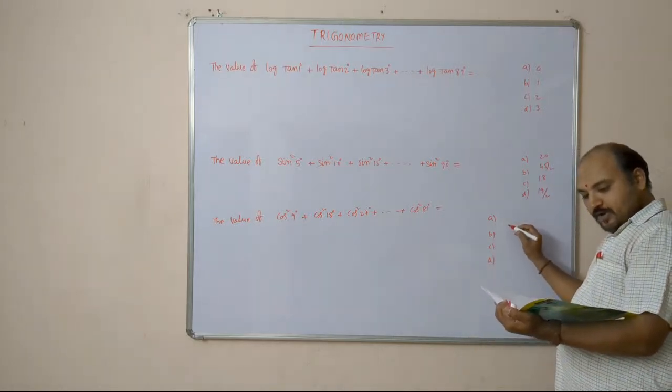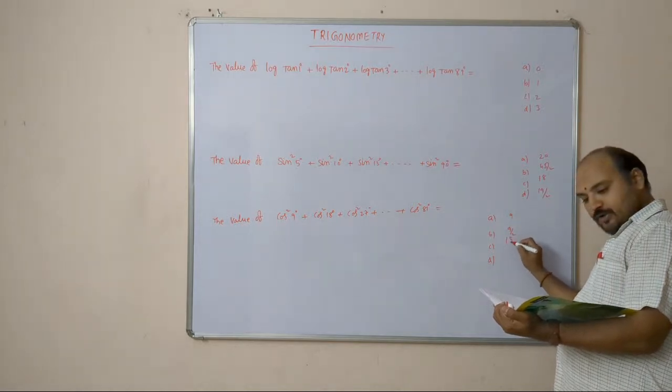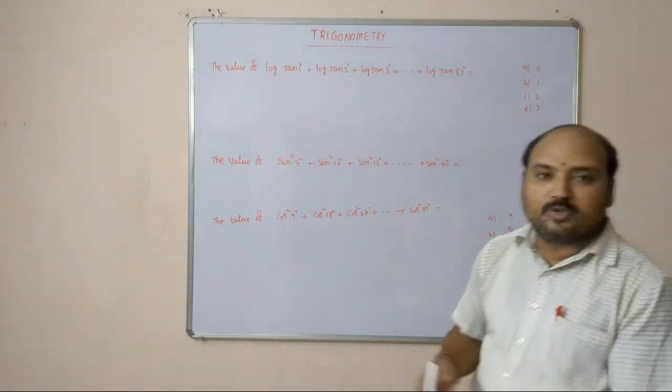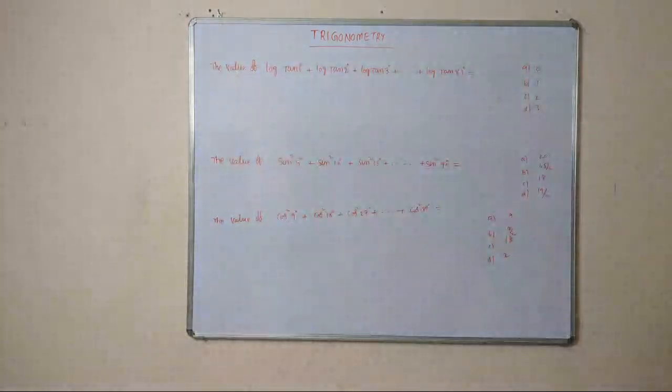So options are provided: 9, 9 by 2, 18 and 2. So these are the questions. So how to do that? I will discuss this, students.